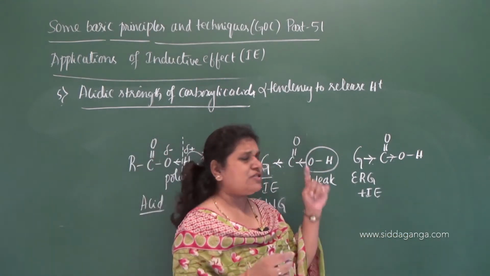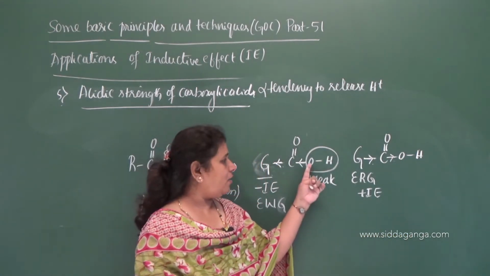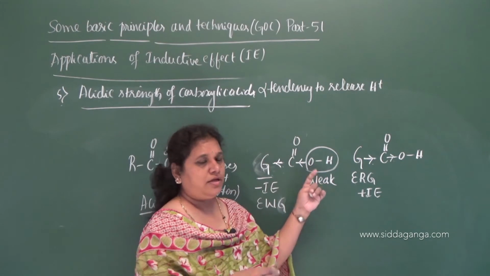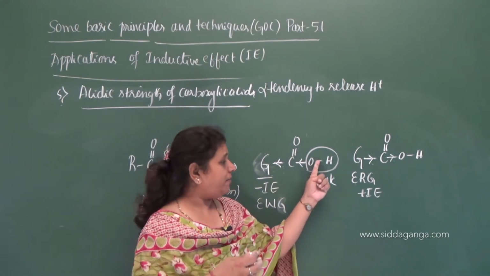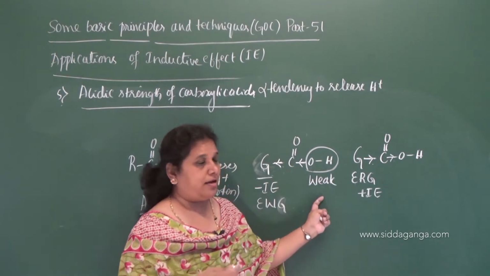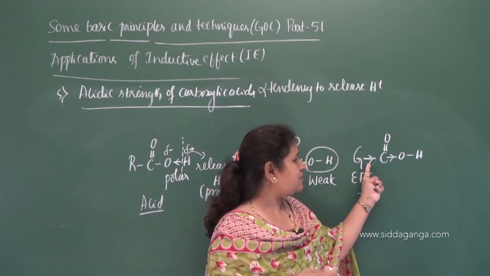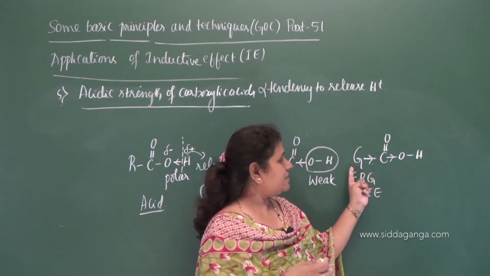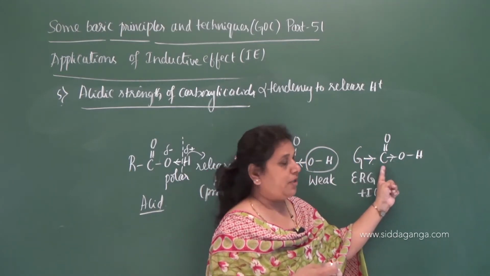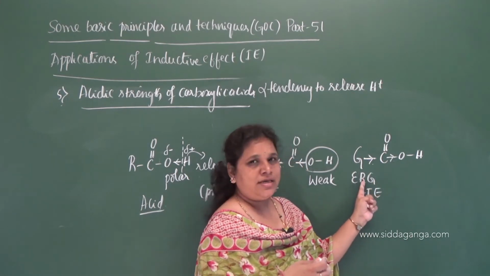Here oxygen is more electronegative. When the electron density is less on the oxygen, again it withdraws the electron from this bond and thereby the bond becomes weak. But here, when the displacement of the sigma electron takes place towards the carbon or away from the substituent group, then you can say it is an electron releasing group.